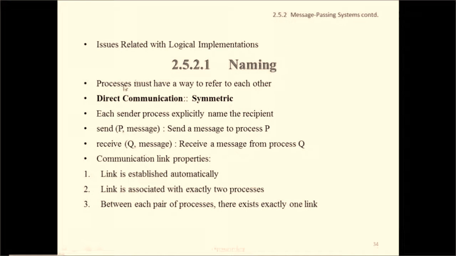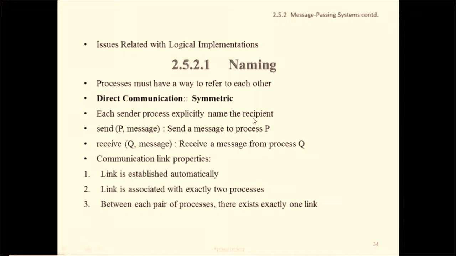Naming. Processes must have a way to refer to each other. So how does one process refer to the other process? That's the naming issue. Direct communication. This is typically symmetric because each sender explicitly names the recipient.